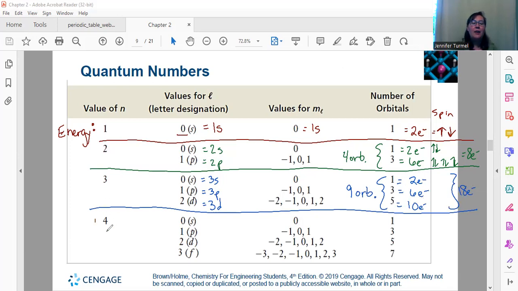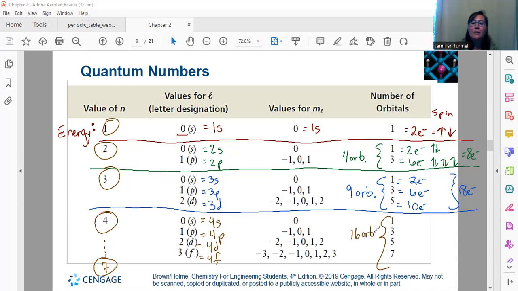And last but not least, we have energy level 4 here. On the periodic table, we go through energy level 7. So you could keep going with all of these, and you just build on them. In energy level 4, we have our 4s, 4p, 4d, and 4f orbitals. You notice that with all of our orbitals, we've got 1 orbital, 4 orbitals, 9 orbitals, and here we have 4 and 12, so 16 orbitals.